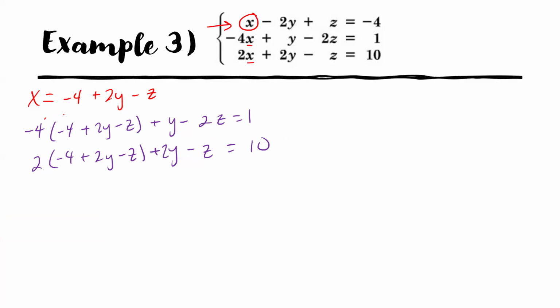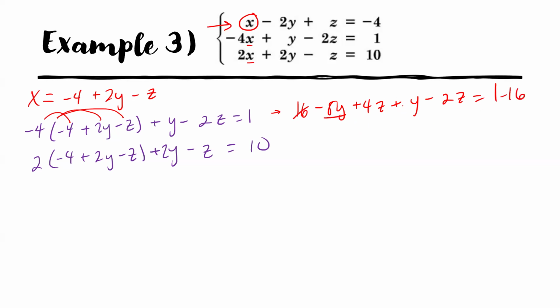So I'm going to distribute, and I'm going to be left with a negative times a negative is a positive. A negative times a positive is a negative. A negative times a negative is a positive. And I'm going to keep simplifying. I'm going to go ahead and subtract the 16 because it's going to go there.